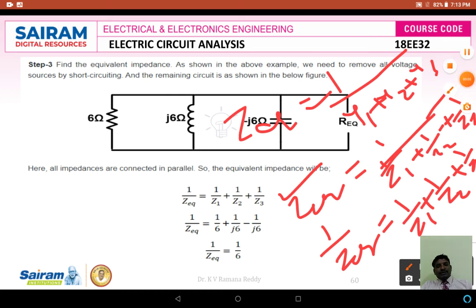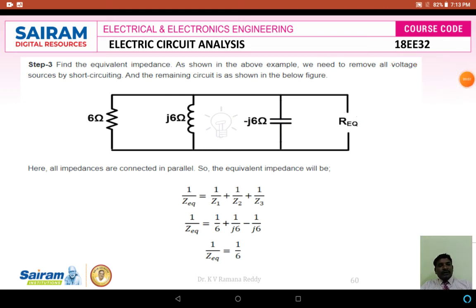So this is the simplified formula to find 1 by Z equivalent. Here it becomes 1 by 6 ohms after doing the simplification.